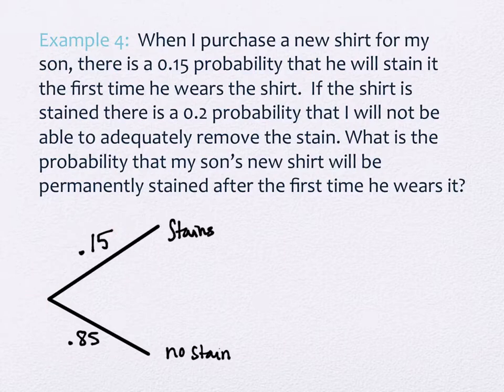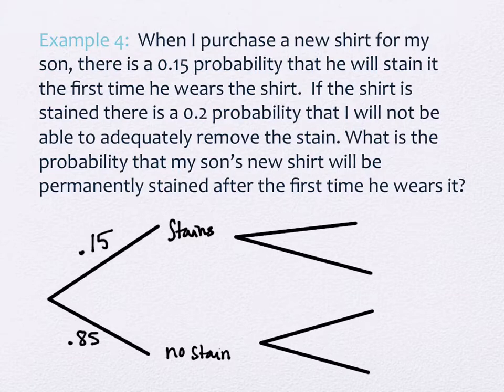Good deal. Now, this is a scenario where I don't need to draw branches over here. I don't have to do it quite like that. In particular, I don't need branches on the no stain one. Why? I don't have to remove it if there's no stain, right? So the second set of branches only come off the stained shirt category.